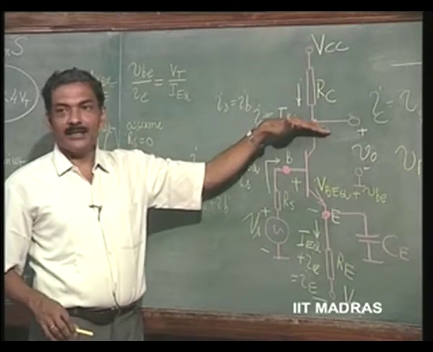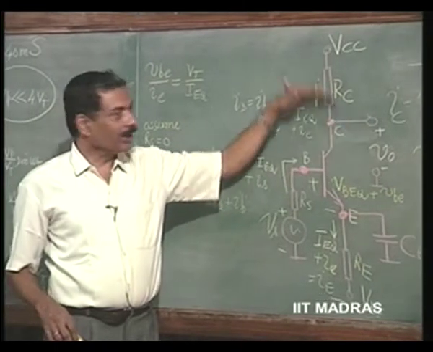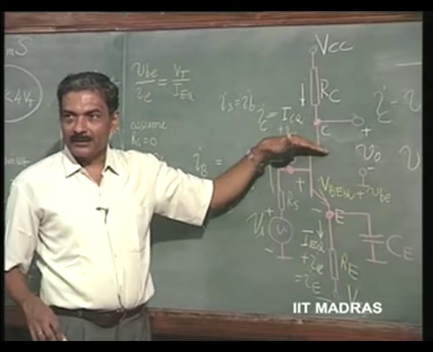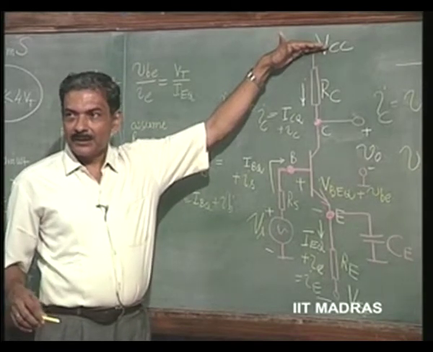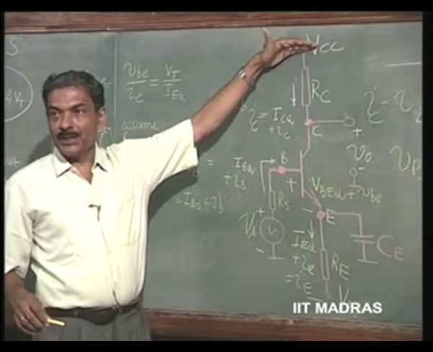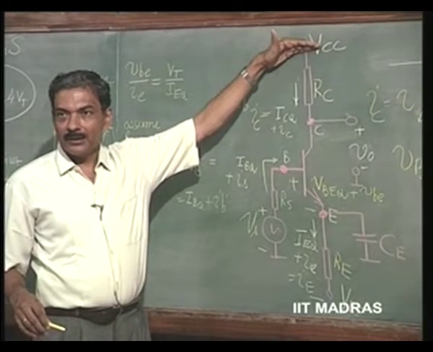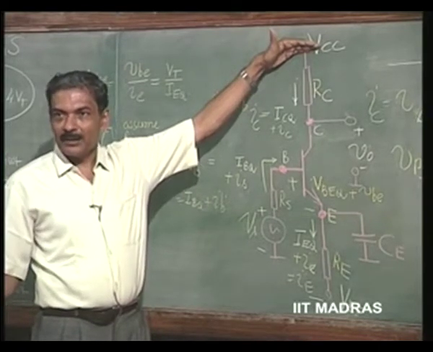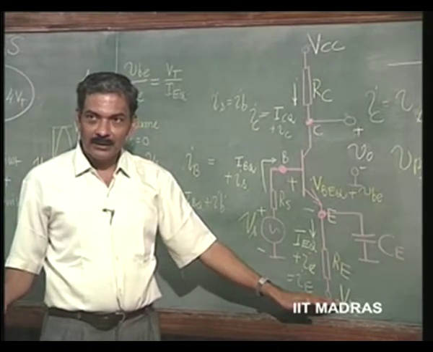At this point there is a change, because current IC is changing here and flowing through RC. So for all changes, increments in voltages, I am going to set up a separate equivalent circuit. For that purpose, wherever there is no change in voltage, that point is considered as ground point. No change in voltage with respect to common ground means it is the same as ground point. So VCC is grounded, minus VEE is grounded.